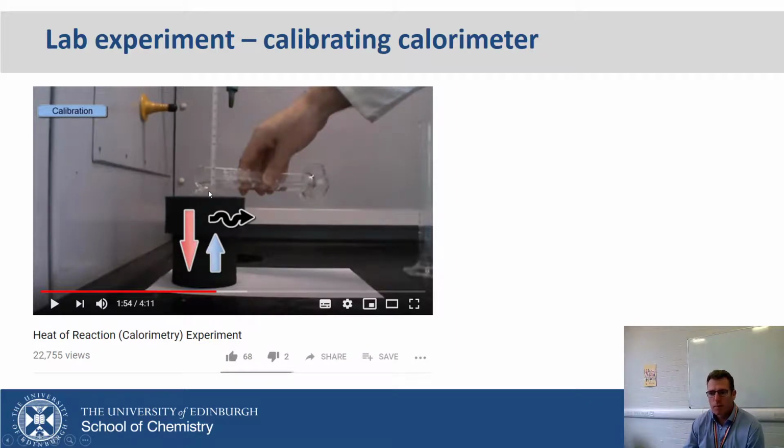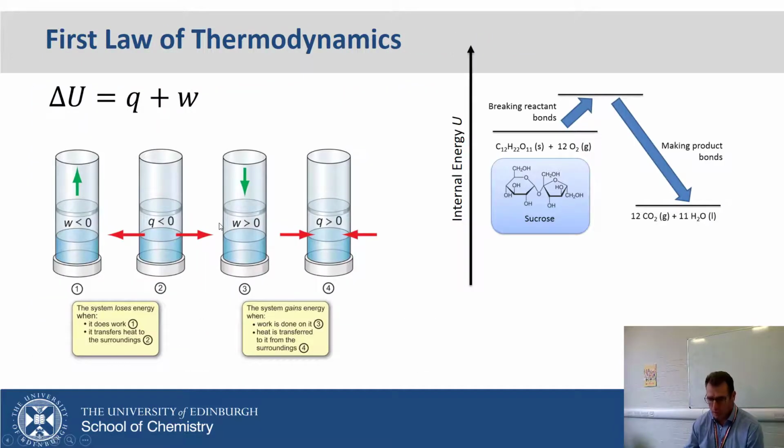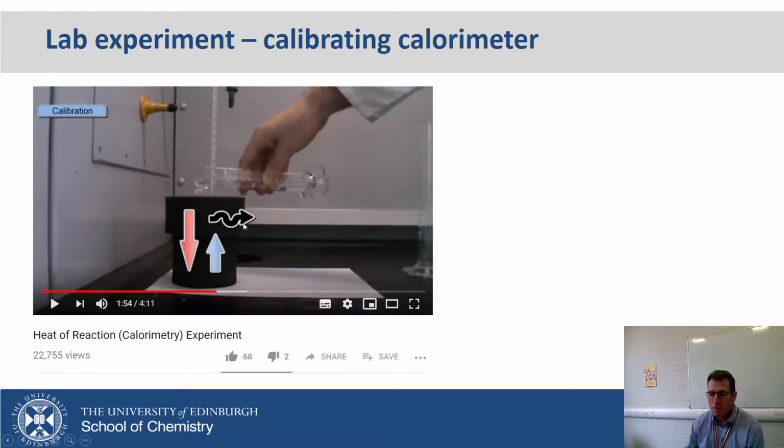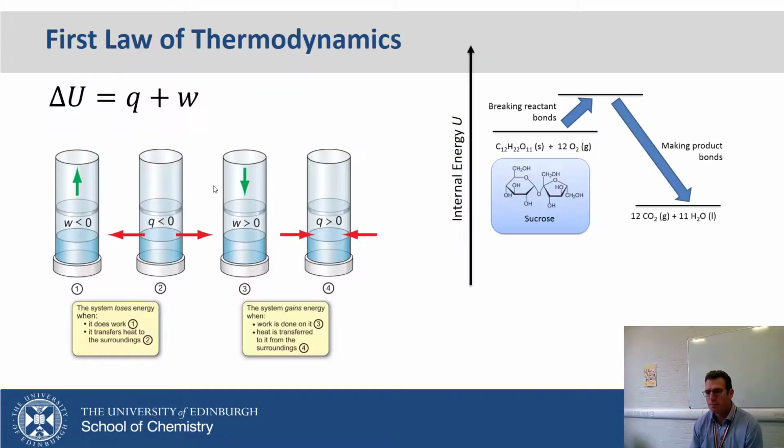We can essentially work out, first of all, calibrating the calorimeter. The calorimeter itself will lose heat, so we need to work that out first, and then do the experiment whereby we work out the heat transfer by measuring the temperature increase. All right, so you should have a look over that lab experiment if you haven't already done so.